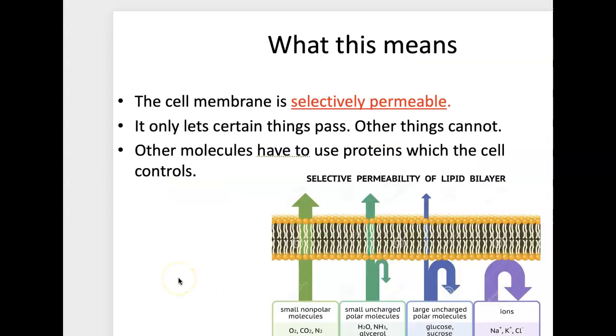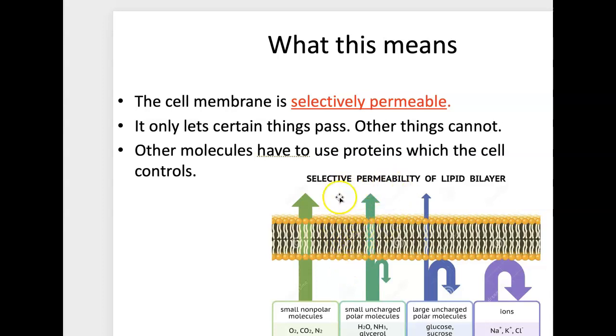So it means the membrane can be selectively permeable. Small nonpolar molecules like carbon dioxide, oxygen, and nitrogen can actually move through on their own. And small uncharged molecules can also. So glycerol can freely go through the cell membrane. Steroid hormones can actually go through the cell membrane.